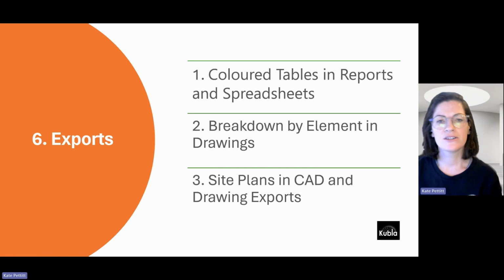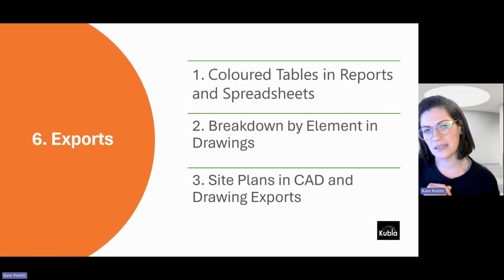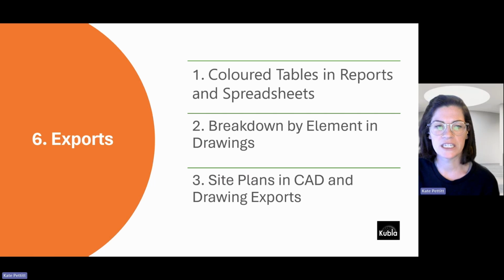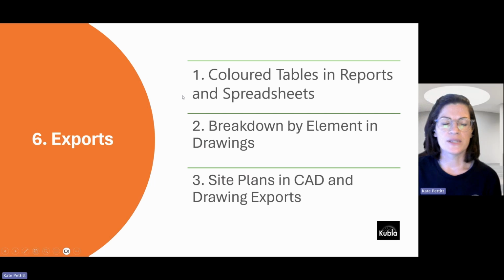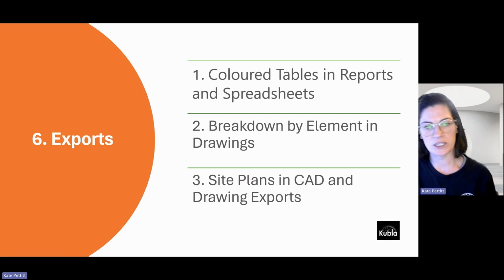Okay, so moving on to exports. If you are familiar with Kubla Cubed, you'll know that we have 3 types of export. We have the reports, the spreadsheets, and the drawings. So these have been updated for 2024 to add coloured tables to the spreadsheets and reports, which just makes it easier to identify the data within your spreadsheets.